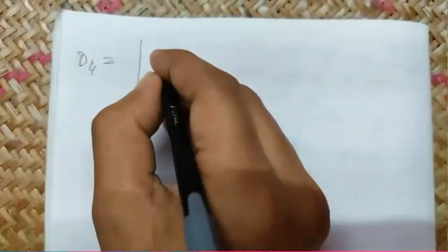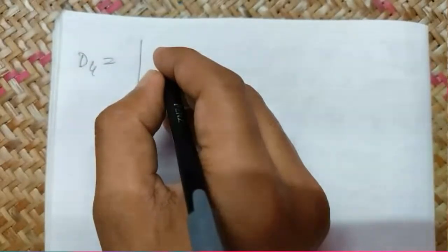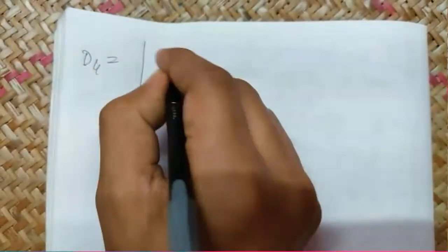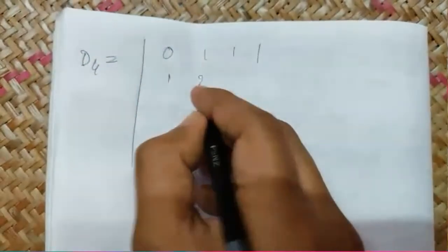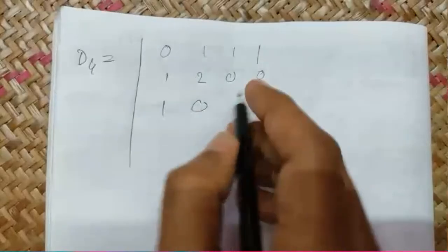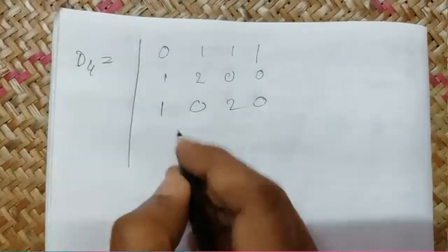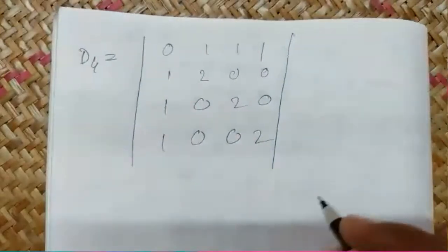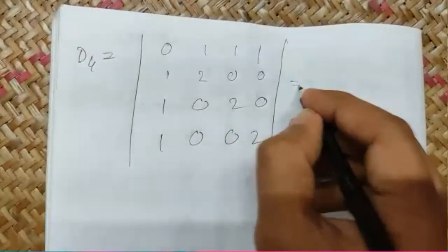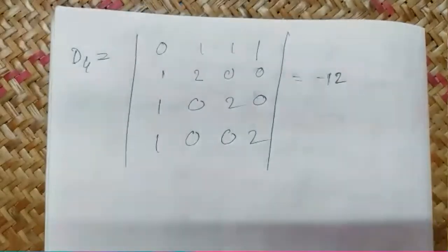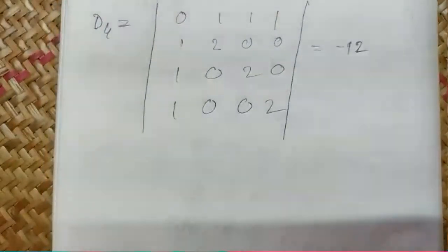But in your case, you need to do it by yourself. Okay. So D4 is 0, 1, 1, 1, 1, 2, 0, 0, 1, 0, 2, 0, 1, 0, 0, 2. So upon solving it, you get -12. Okay, so we have got both D3 and D4 as negative.